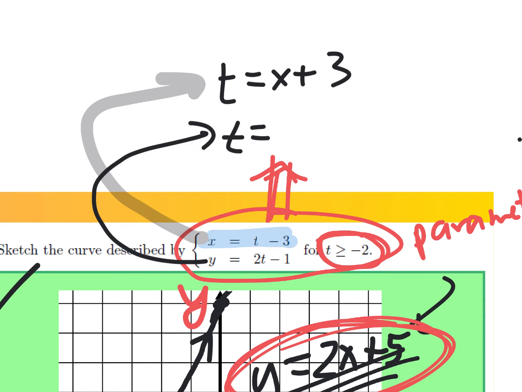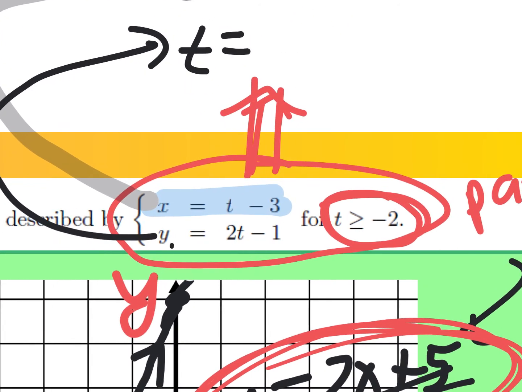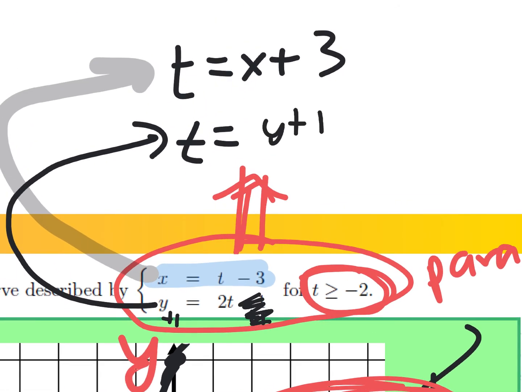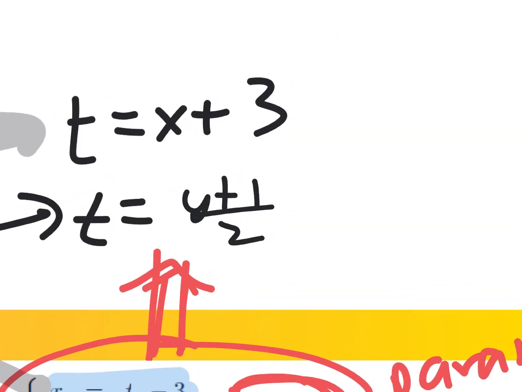I'm adding 1 to both sides. And then, I just have to divide by 2 to get t alone. So I'm going to go y plus 1 over 2. You get how I did that? Okay. Then, I'm trying to get this to just be x's and y's and no t's anymore. Somebody sees it. Figure out how to get this to be just x's and y's.